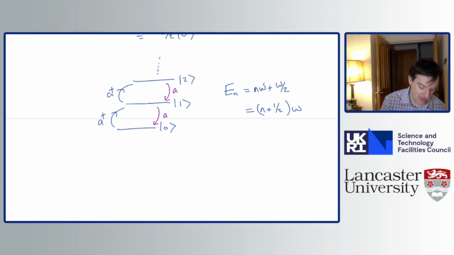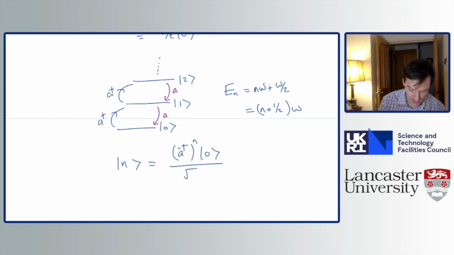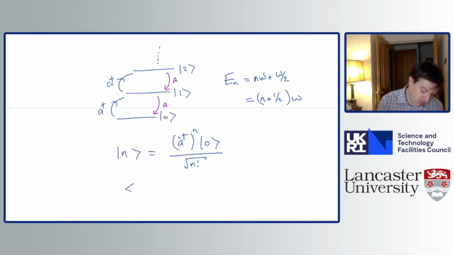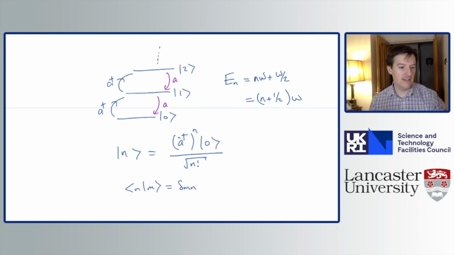Let me write that mathematically. A state n can be constructed by acting on the ground state with this A dagger operator n times, and often you see this factor 1 over the square root of the factorial of n, so that our states are normalized, so that the states n and m are normalized to a Kronecker delta.